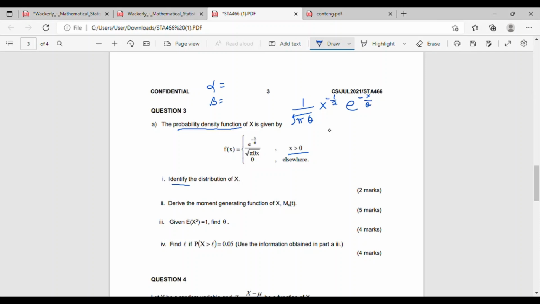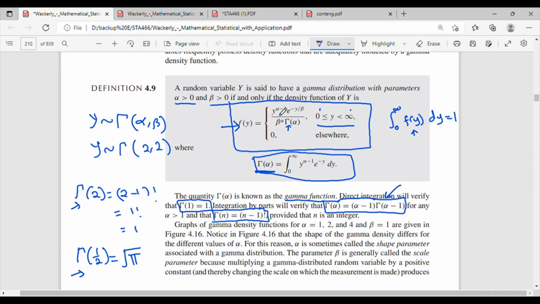So this one actually adalah 1 over gamma half. Okay, theta kat situ adalah theta power of half. Betul tak? Letak ke atas ni. X power of, kalau nak comparekan dengan y tadi, alpha kena tolak dengan 1.